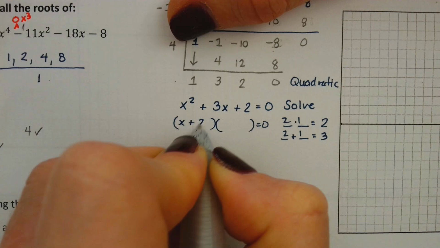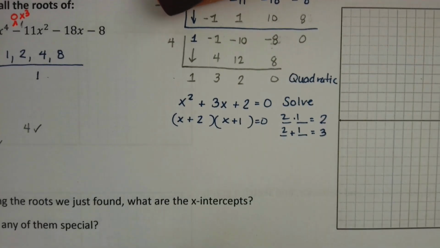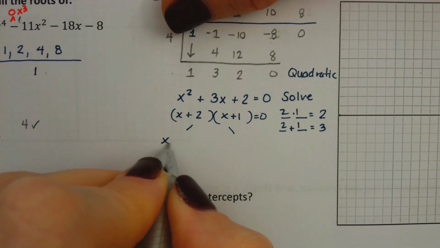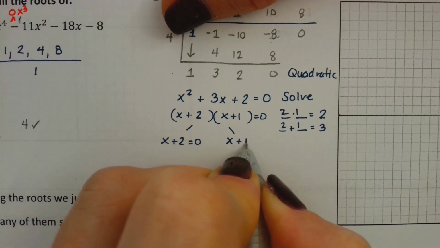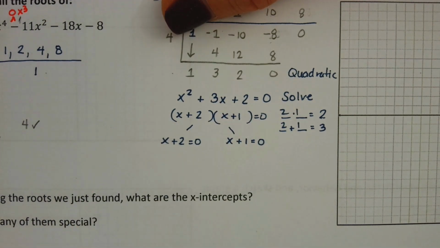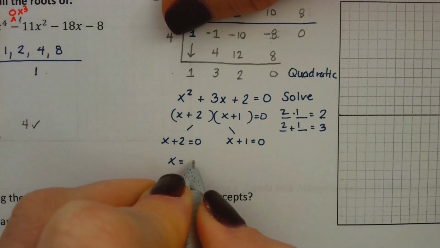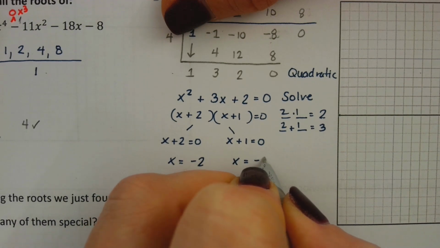X plus 2, x plus 1. And then we'll need to still solve those. So we're going to take each little one. We're going to write a little baby equation. X plus 2 equals 0. X plus 1 equals 0. And we get x equals negative 2 and x equals negative 1.